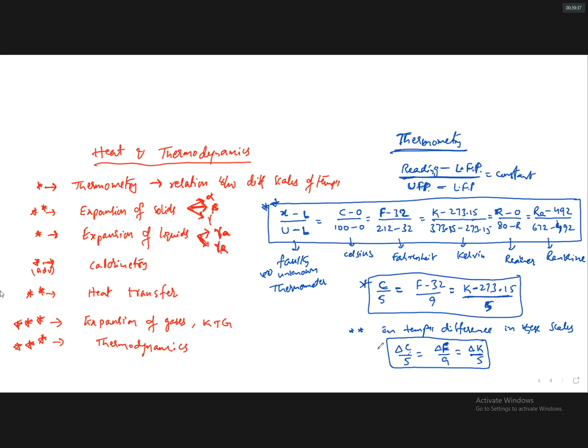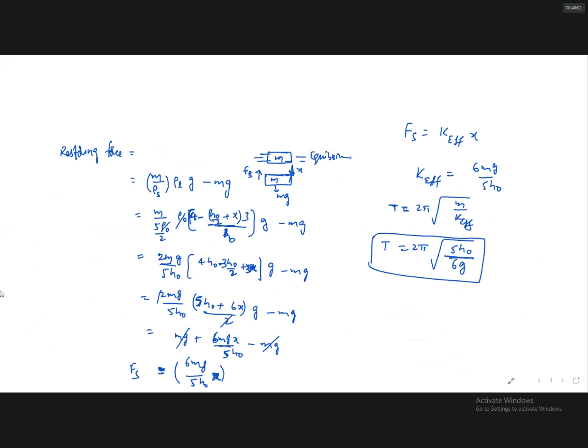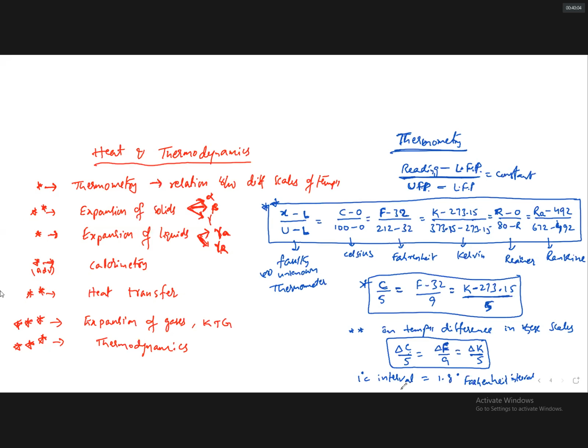So if you want to convert a temperature difference in Celsius scale, a 1 degree Celsius interval is equal to a 1.8 degree Fahrenheit interval.